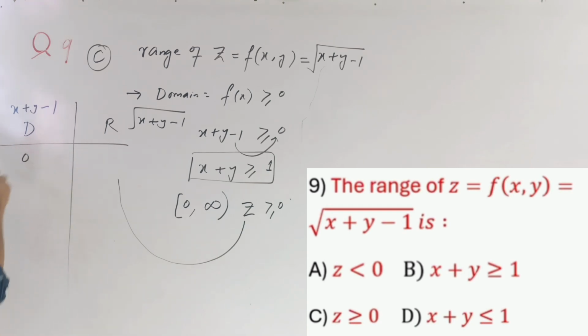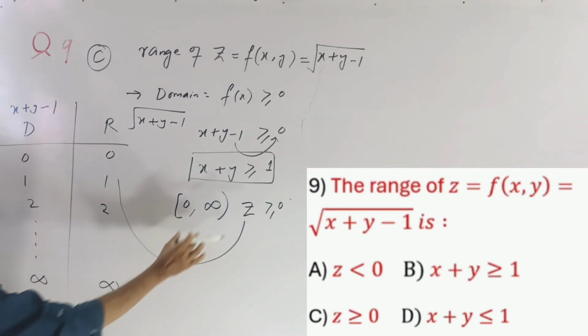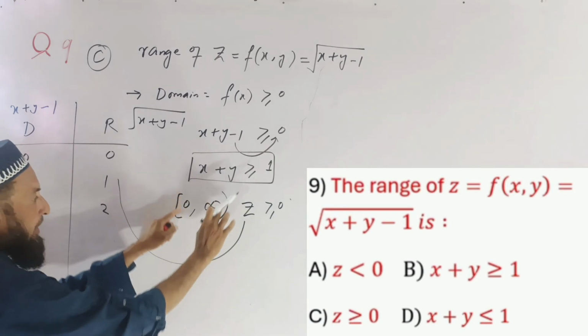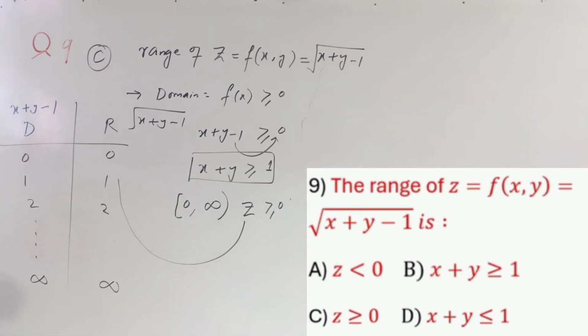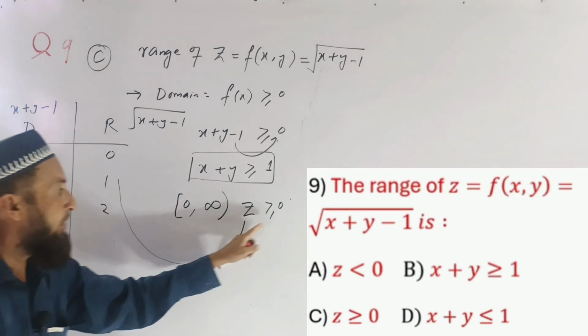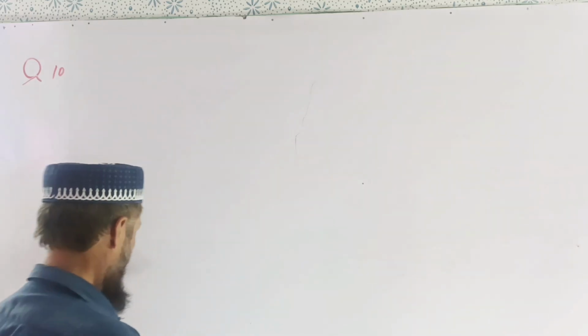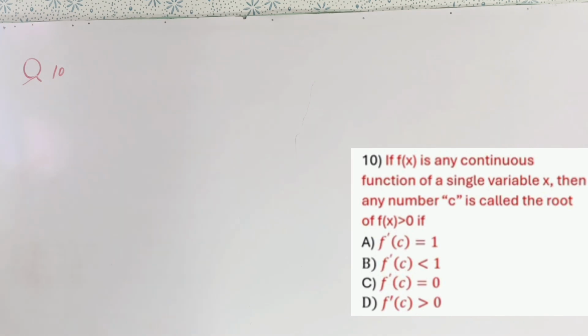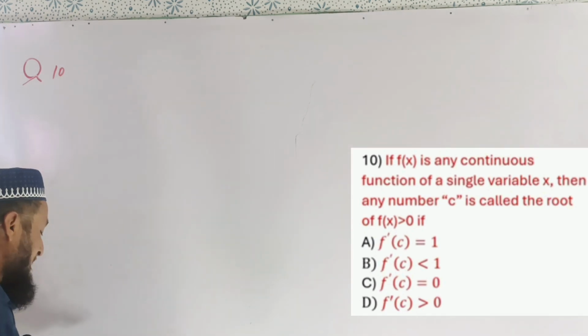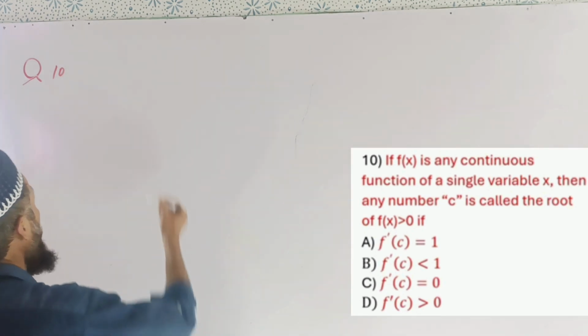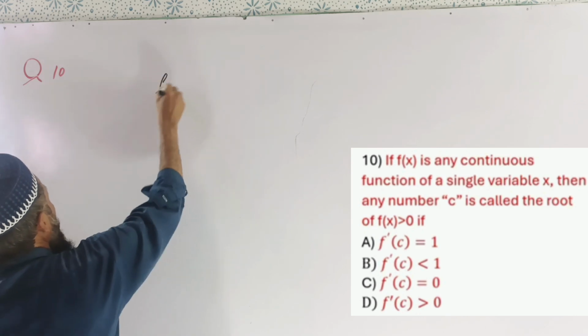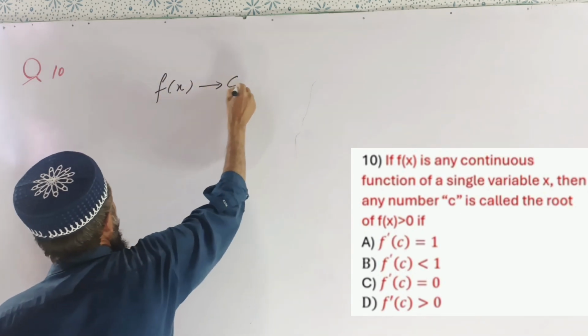So we put 0 and we get the real numbers 0, 1, 2, and so on, up to infinity. So the range will come between these numbers. So z greater than or equal to 0 is accepted. For a function of a single variable x, any number c is called a root of f of x, where f of x is any continuous function.